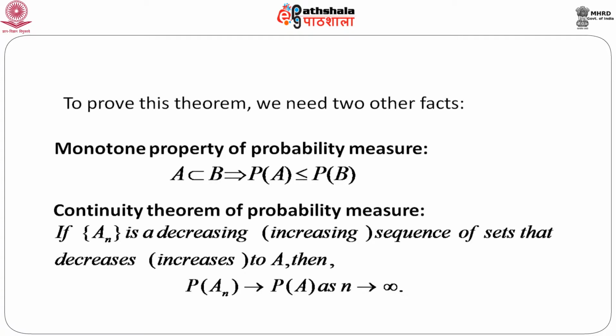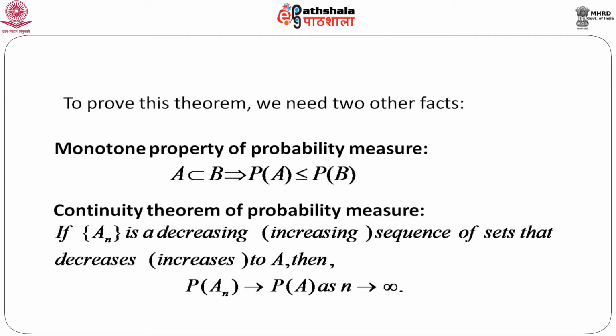It says if A n is a decreasing or increasing sequence of sets that decreases or increases to A, then probability of A n goes to probability of A as n goes to infinity.